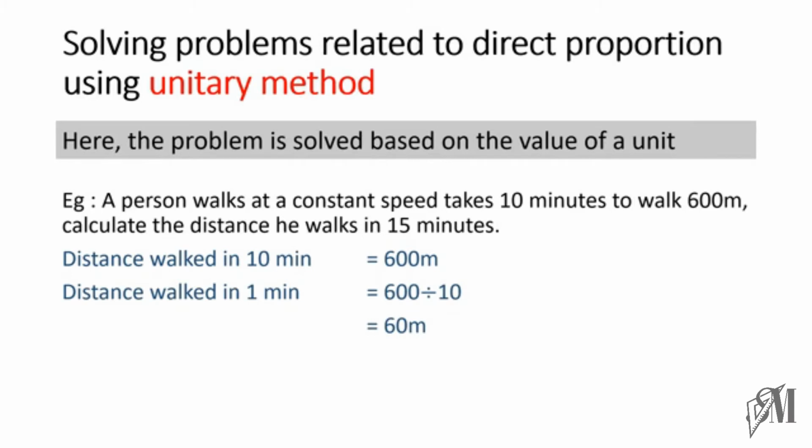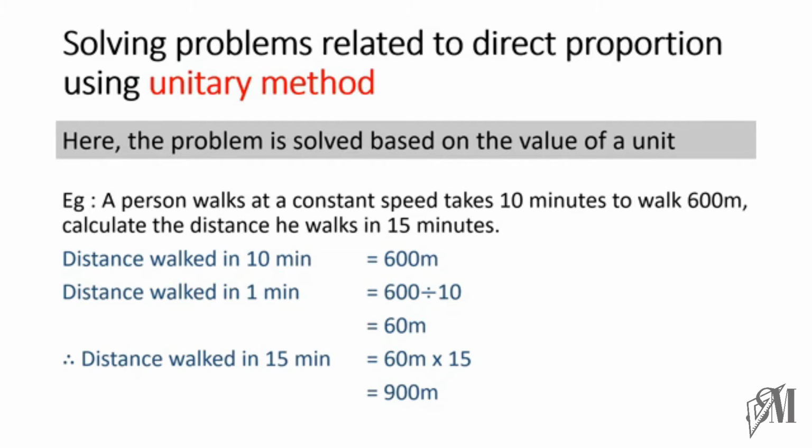So in 1 minute, if he walks 60 meters, in 15 minutes, 60 times 15 is 900 meters. So this is how you work out a problem using the unitary method. You find the value for 1 unit and then multiply to obtain the answer according to your need.